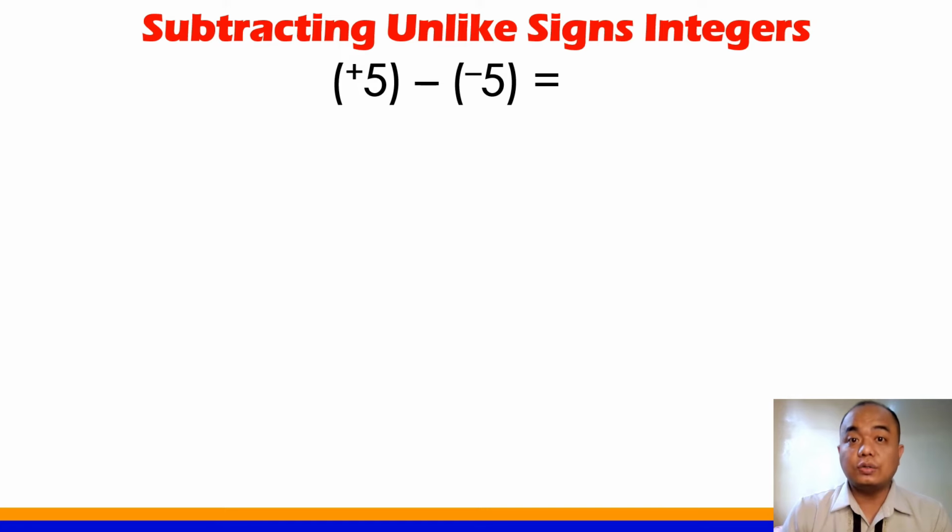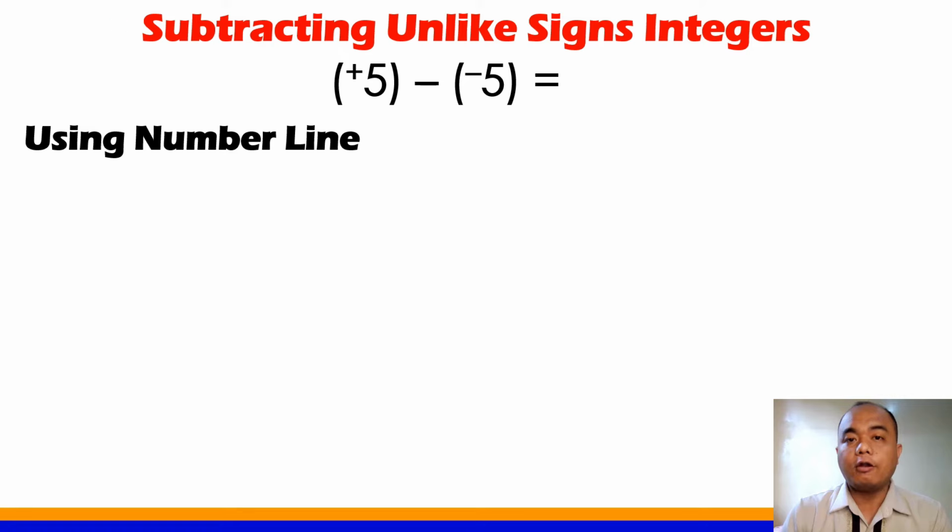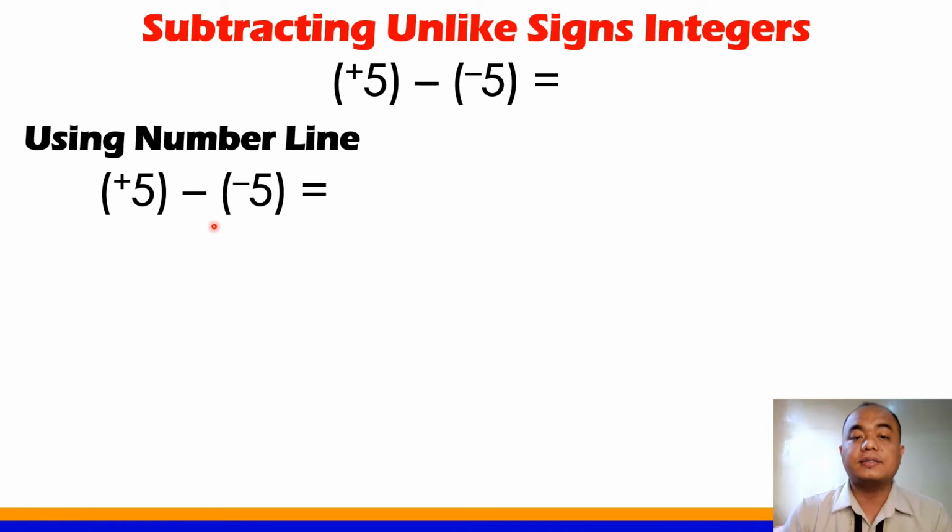Okay, this time, let us use number line class. Okay, pero before natin gamitin yung number line, we have to change first the format of our problem. So we have here positive 5 nga minus negative 5. Pero i-change muna natin ito class, no? Into addition. Okay, para mas easy siya i-plot sa number line natin. So yung 5 natin, copy ito.